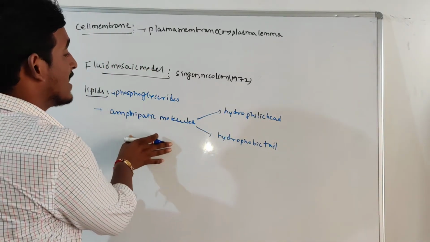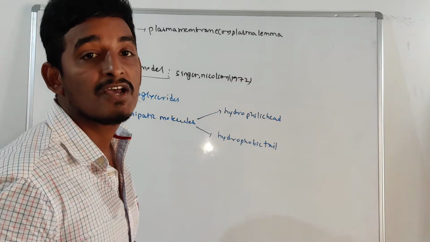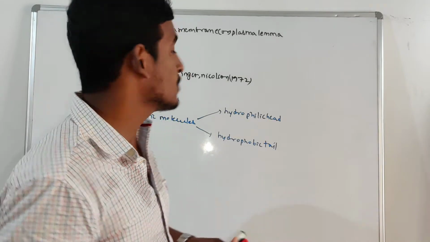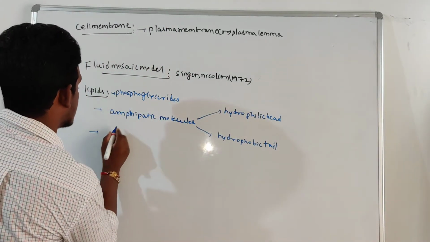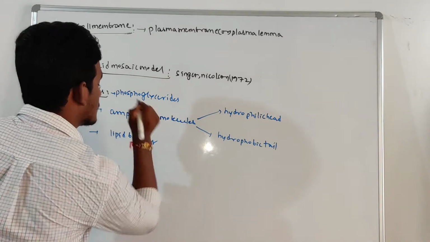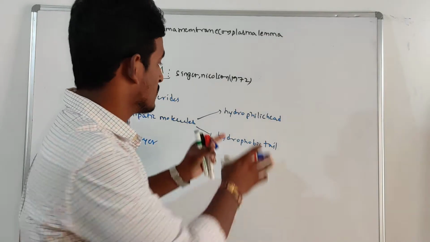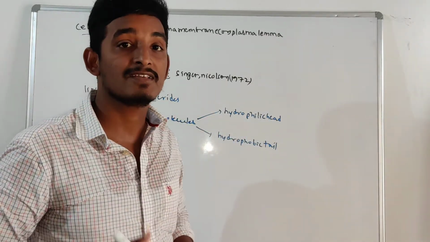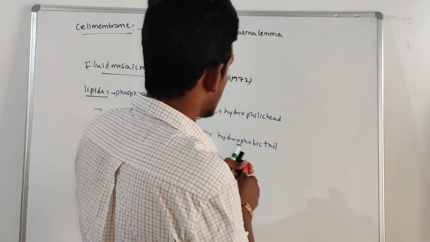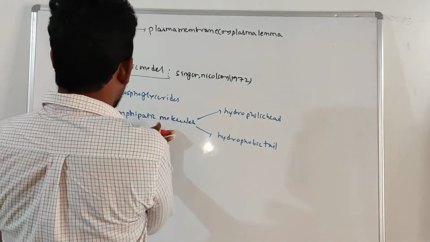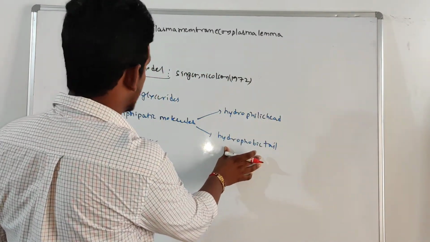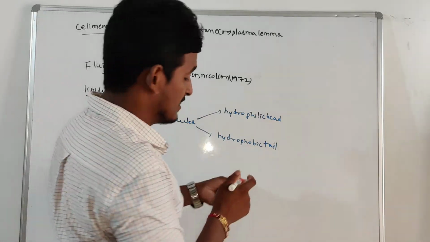How are these lipids arranged in the plasma membrane? They are arranged in two layers, a lipid bilayer. Now if you look at the structure of the plasma membrane, you can easily understand it. It has amphipathic molecules, a hydrophilic head as well as a hydrophobic tail, arranged in a bilipid layer.